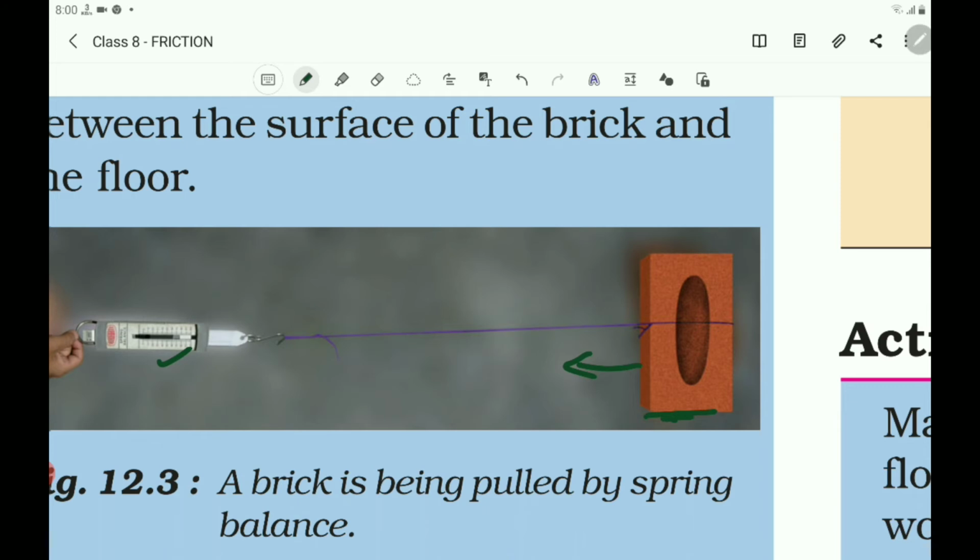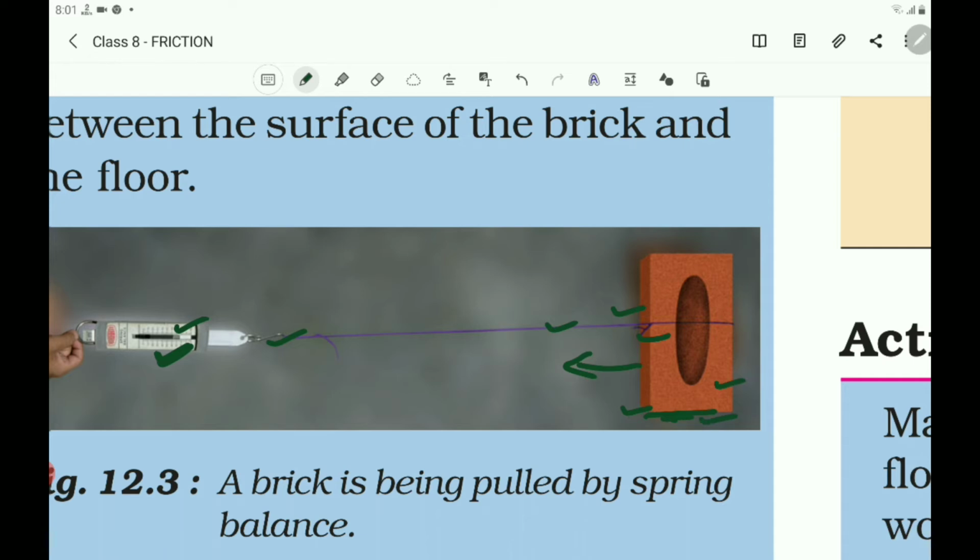Here, what you have done, see a string here. It is tied between the spring balance and the brick, and when the force is applied, or if we pull the brick by spring balance, the amount of force applied on the brick can be measured with the help of the pointer which is moving on the graduated scale, and when the brick starts to move, then we have to note down the reading in the spring balance, and that reading gives the amount of frictional force between the brick and the floor.